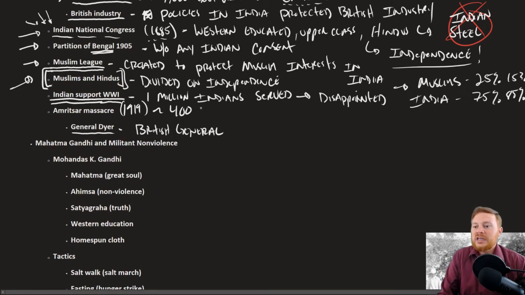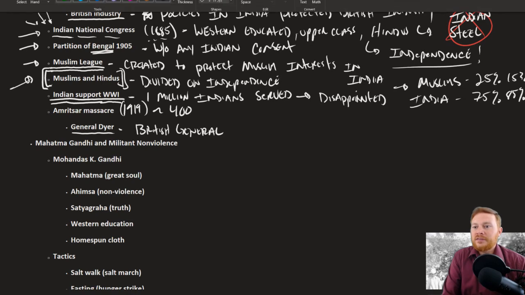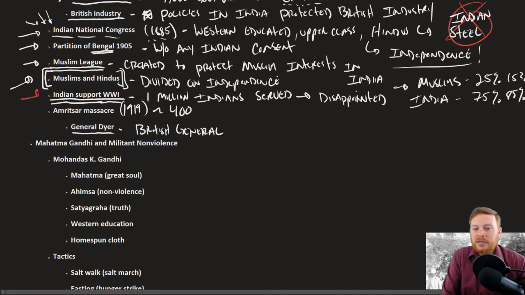This was a pretty big turning point in the nationalist movement in India. Before this, we can look at things like Indian support of World War I and say that for the most part, there was an effort by India to work side by side with Great Britain in hopes of getting concessions. The Amritsar massacre proved that no matter how cooperative Indian nationalists were with the British, they weren't going to be given any concession, and even worse, they were going to be met with simple massacres.